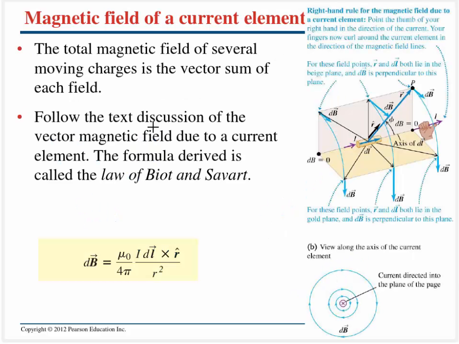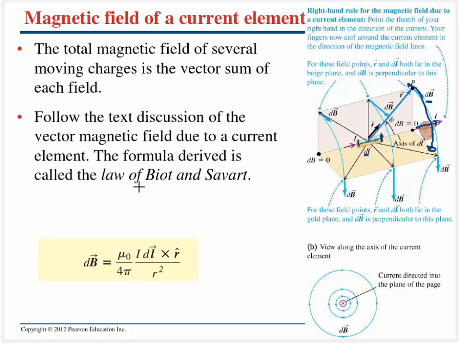Now we can take this a step further and say, well, if we have moving charges, that's just going to be current. And so we can look at a current carrying wire and say it has some tiny little length dl, it's got some tiny little charge to it, the charge is flowing. Same type of thing: let's take a look at the direction that the charge is moving, point our finger along that, curl it around, and get tiny little amounts of magnetic field due to each tiny little dl.